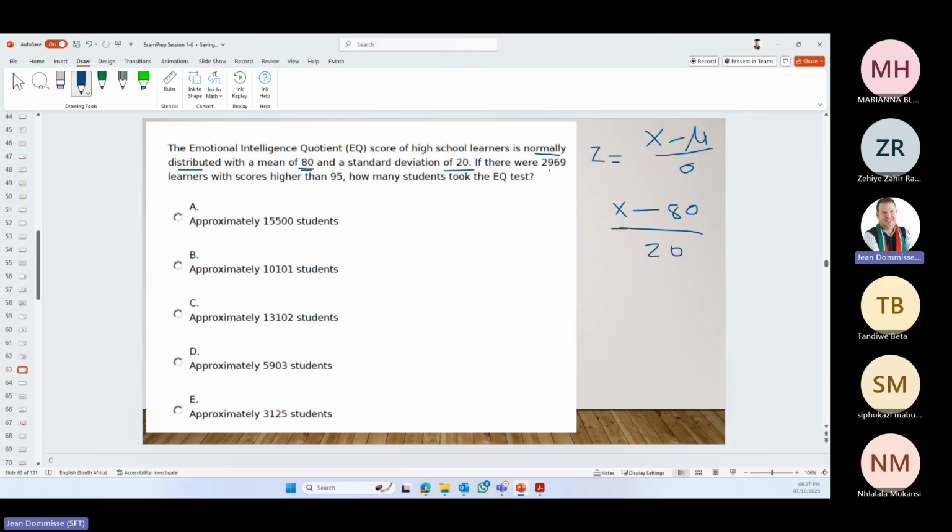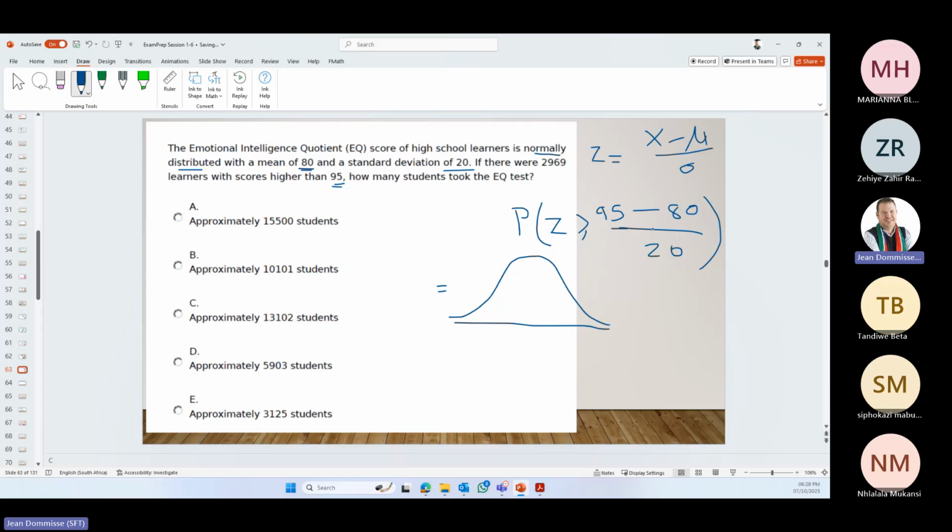If there were 2,969 learners with scores higher than 95. Okay, so the probability of scores higher than 95, that's the first thing we're going to work out.